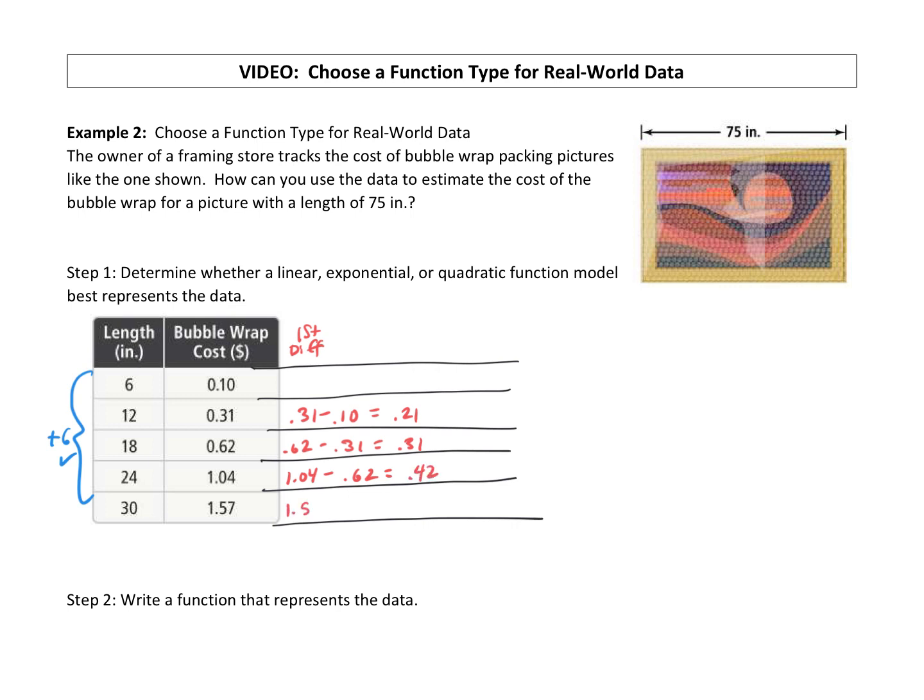And then 1.57, let's subtract the 1.04, and we get 0.53. So if we look at our first differences, are these constant? They're not. They're far enough apart. So this tells us that it's not linear.